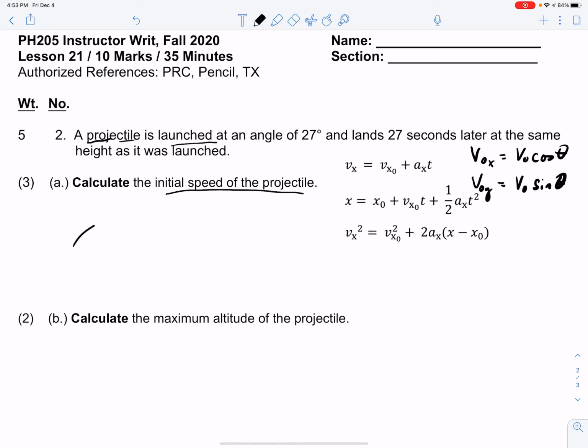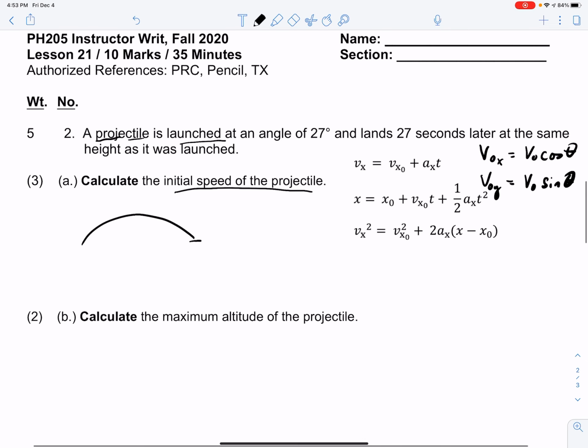Because of the way that it was shot, height 0, height 0, it means that we can use one of these equations to actually solve for the initial speed.